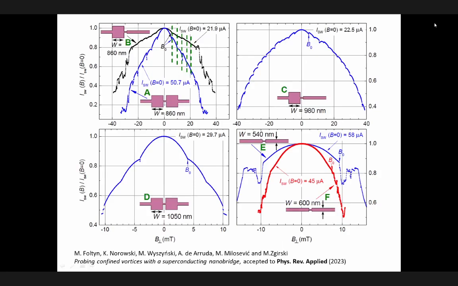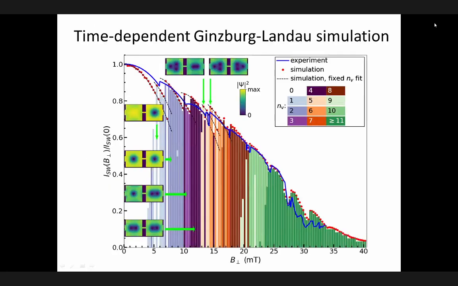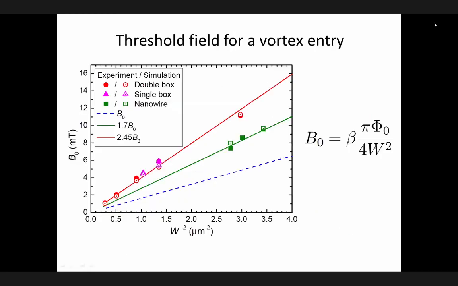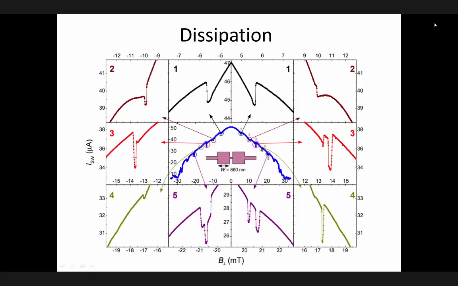I have a question about the configuration of vortices on the blue trace that you showed. I would imagine that when it's close to the threshold of accepting a new vortex, two configurations would be similarly energetically favorable. Do you see a signature of this in the switching statistics? And why do you see such a different response for a positive field and a negative field?